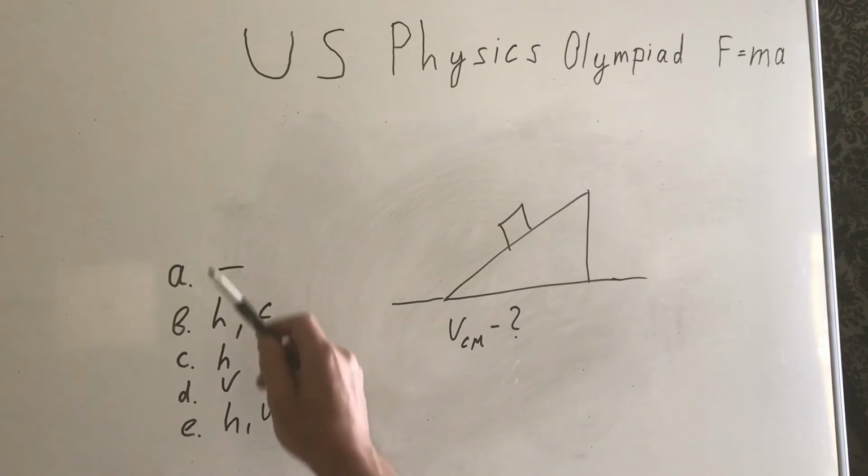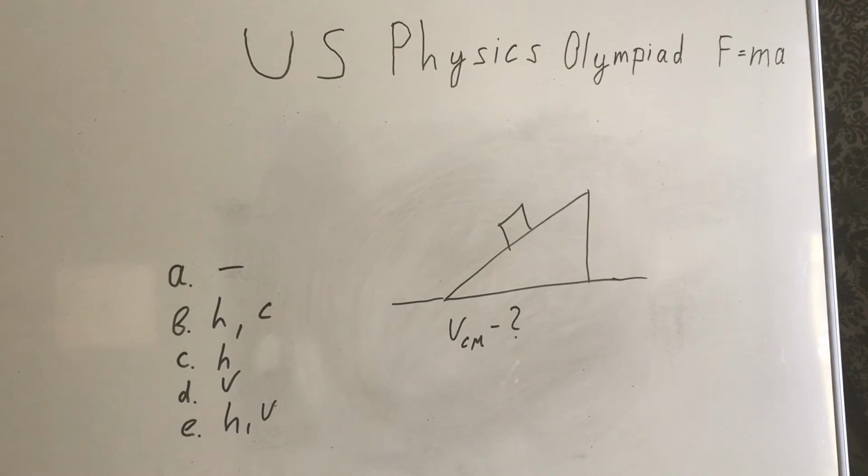So we have 5 options. First option, does not move. Second option, moves horizontally with constant speed. C, moves horizontally with increasing speed. D, moves vertically with increasing speed. And E, moves horizontally and vertically.